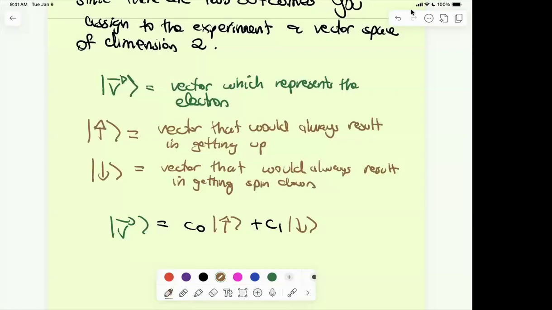And then you can take these to be orthogonal. You can even take them to be orthonormal. You can take this one to have length one, and these are also length one, and the basis vectors are orthonormal. So it's an orthonormal basis.